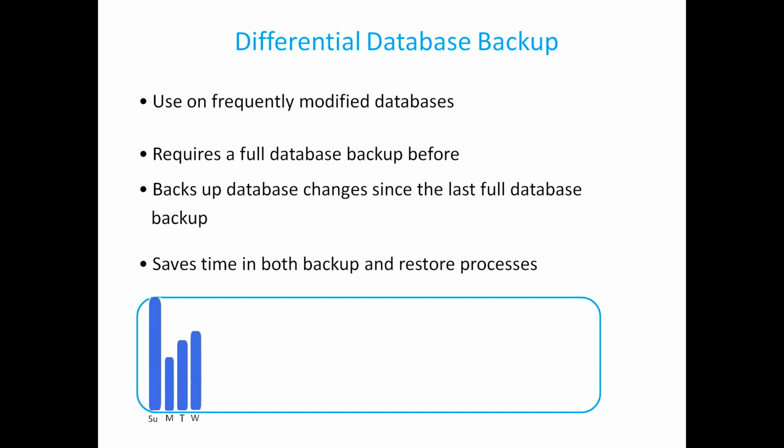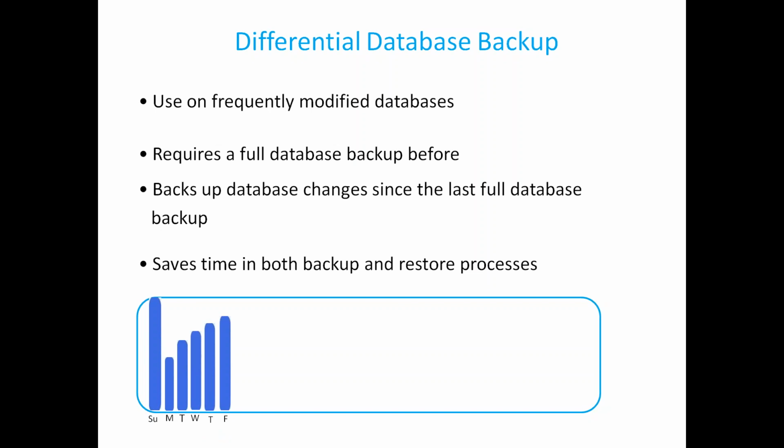And the Wednesday differential backup contains the changes from Sunday to Wednesday. It is because the differential backup has a mechanism to record all the changes that happened since your full backup. So my full backup happened on Sunday. So then onwards, whatever changes happened, that will be captured by my differential backup. In the same way for Thursday and for Friday.